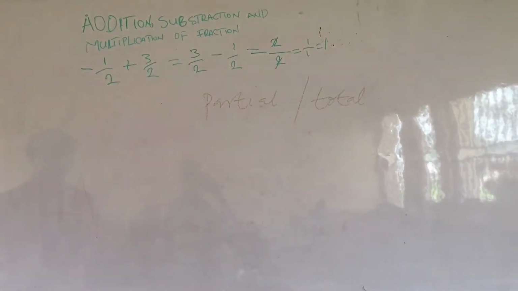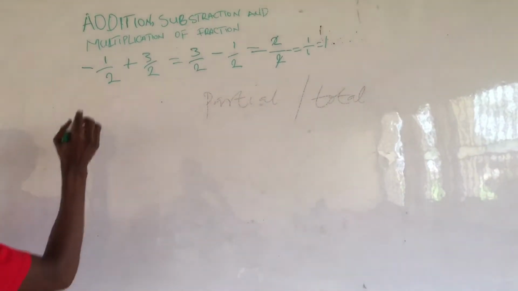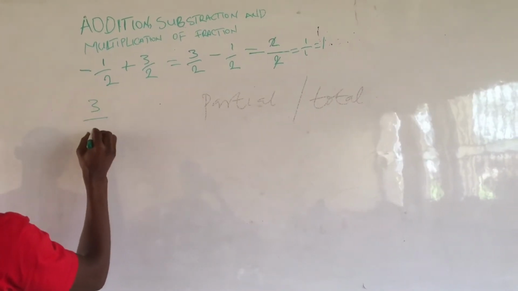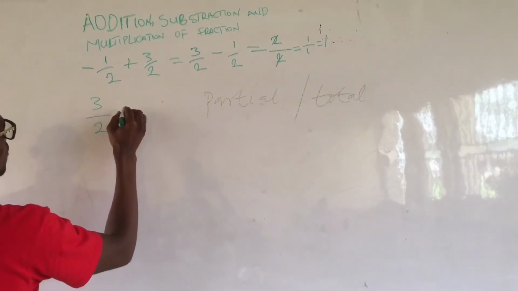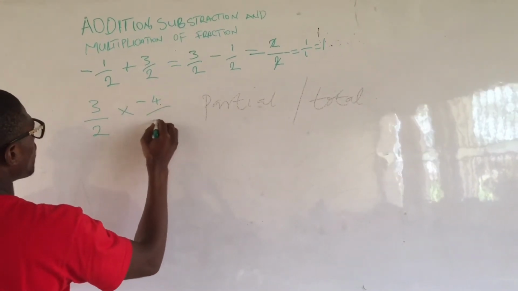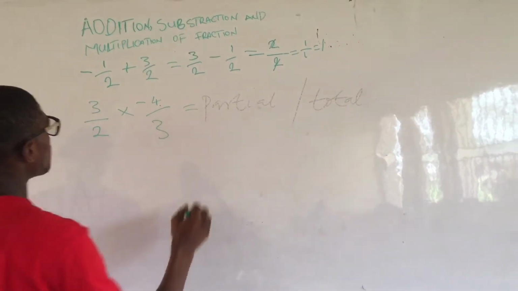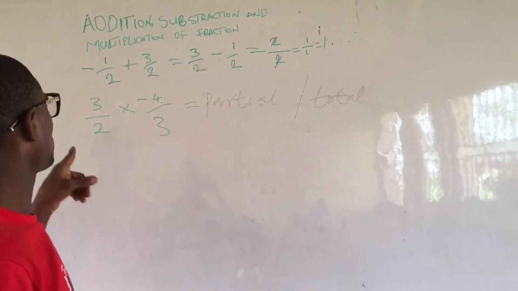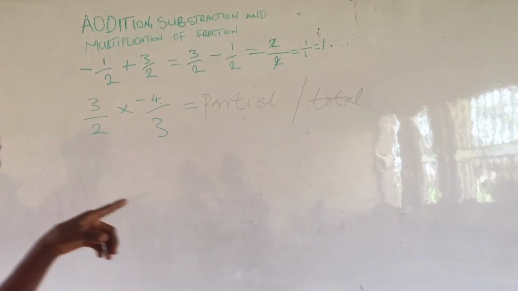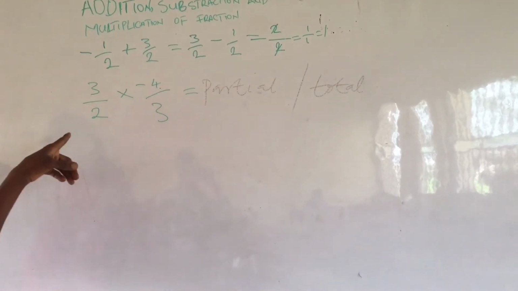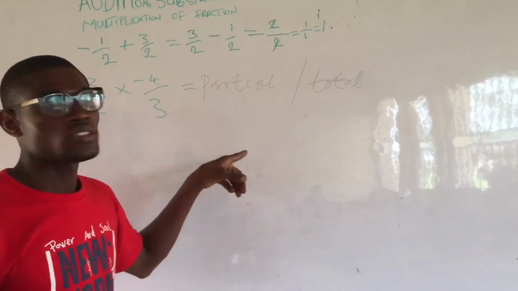Then next, if I have 3 all over 2 times minus 4 all over 3. Now, one principle about multiplication of fractions is that you multiply the numerators and you multiply the denominators.